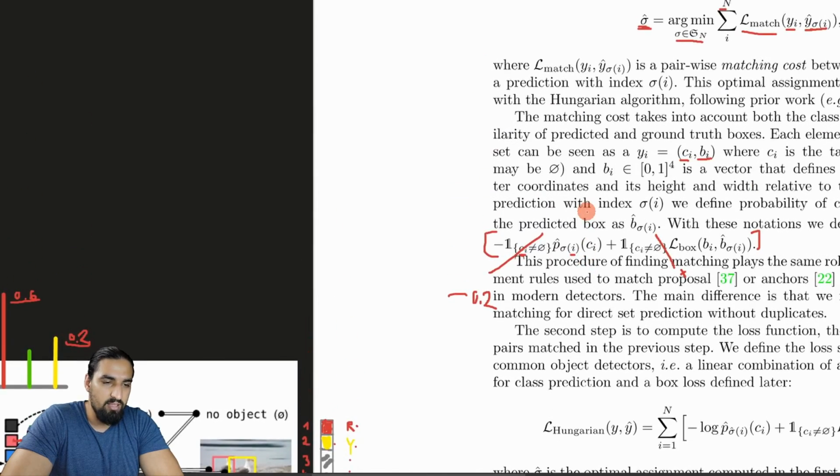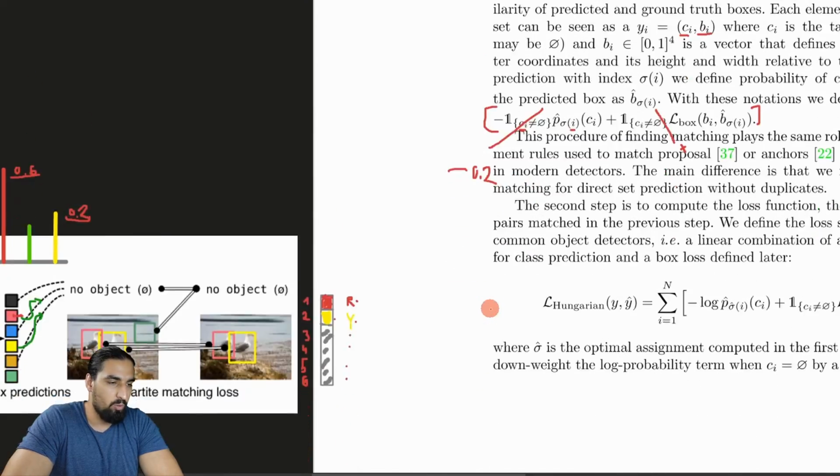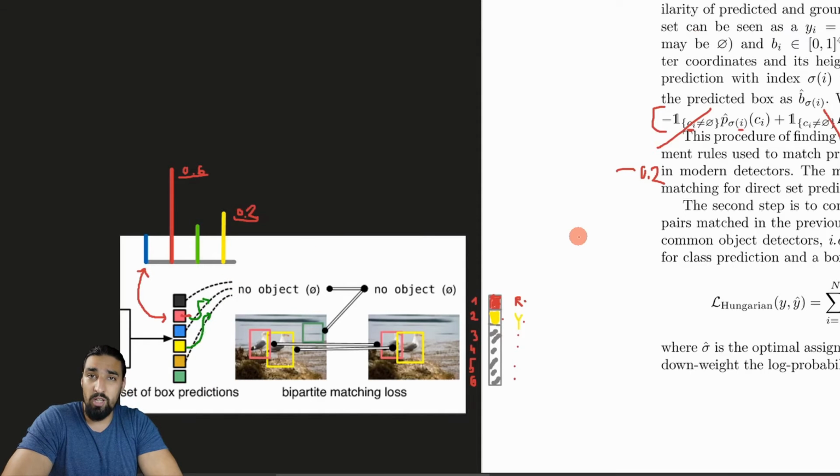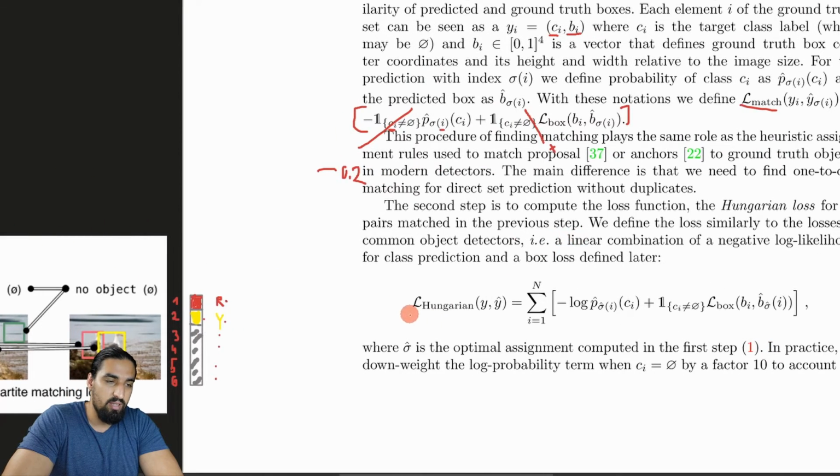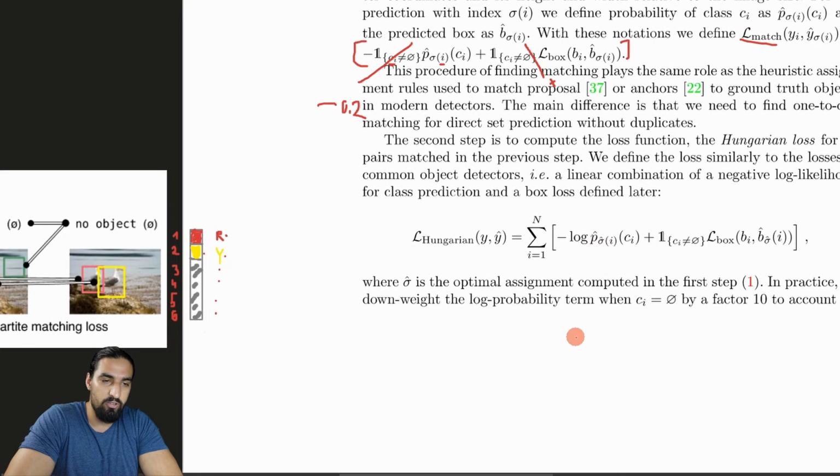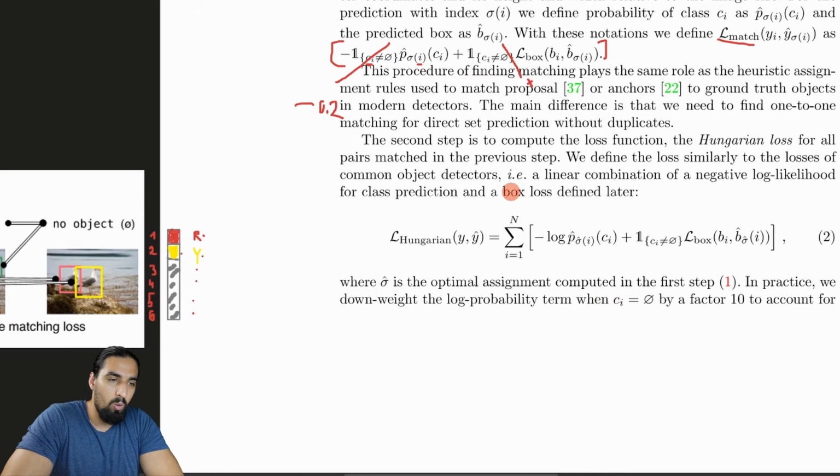And as I said, after we find the correct matching, after we find the correct permutation, we do the following thing, and this is the loss component. This is how the DETR model is trained. We basically go over all of the n proposals, so that's 100 in their case.